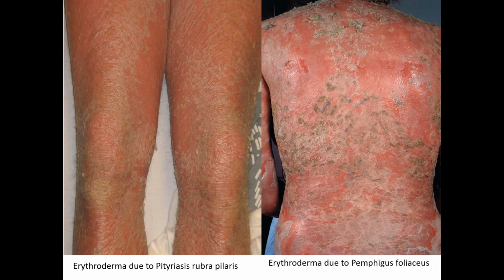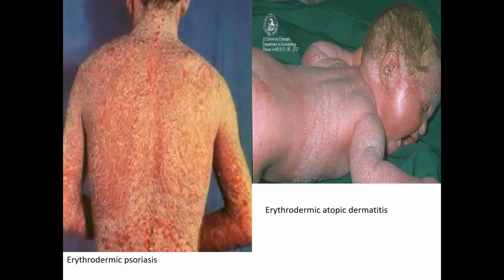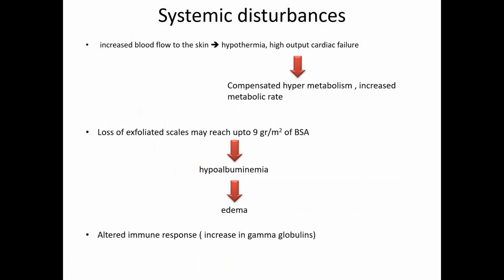So these are the erythematous rash due to pityriasis rubra pilaris, and this right one is pemphigus foliaceus. Again, this is psoriasis. Here you can see the dry scales. This is a child with atopic dermatitis. So you have seen the erythroderma.